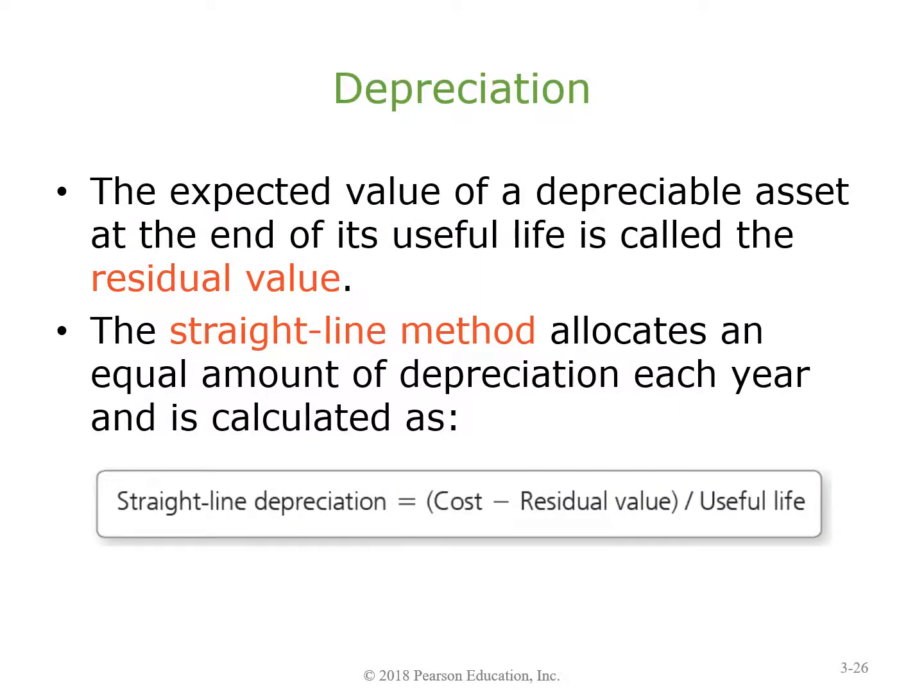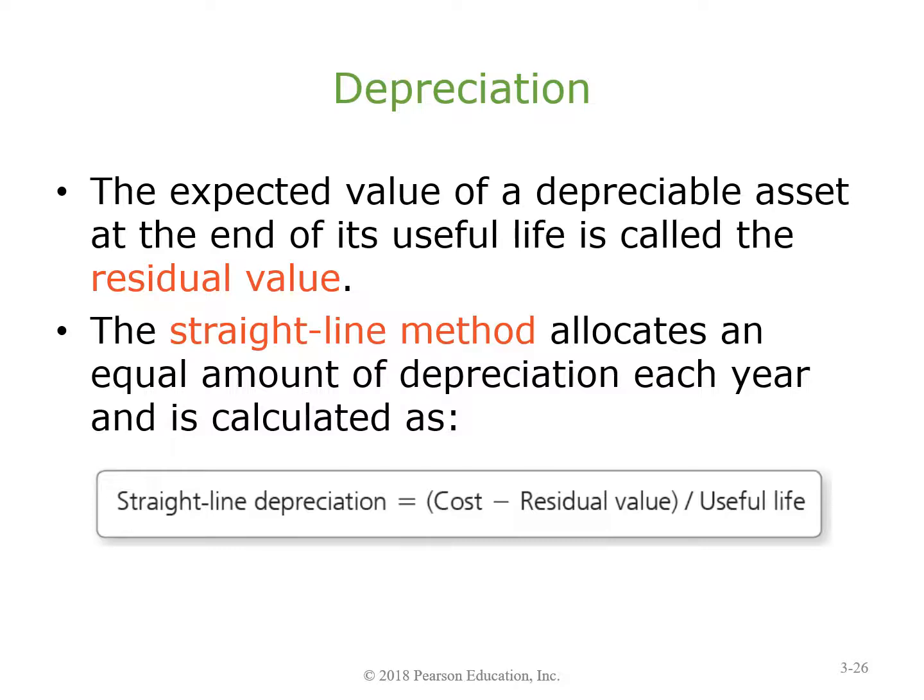To calculate depreciation, we're going to use what we call the straight line method. You're going to say the cost of the asset minus the amount of value remaining at the end of its life. If you thought you were going to sell it at the end for $2,000, then you would take out $2,000 of residual value, and then you would divide by useful life.